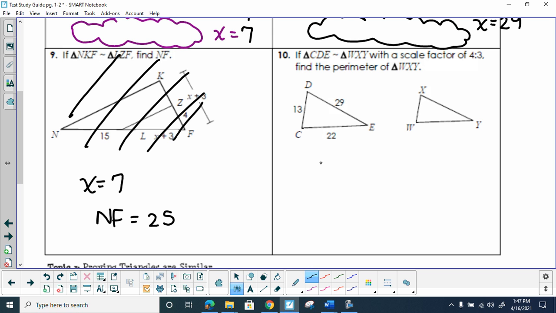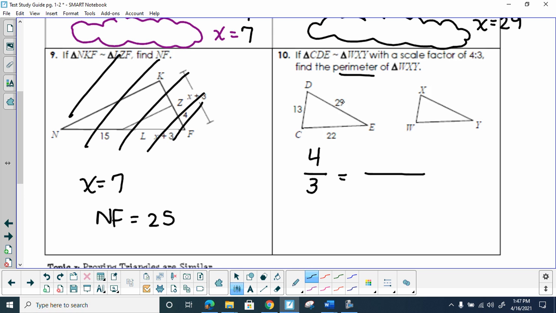Number 10 we did do. All right, we are given a scale factor, which you will want to turn into a fraction so that we can set up a problem that we can cross multiply. Okay? Now, this is using the perimeter of WXY and the perimeter of CDE.